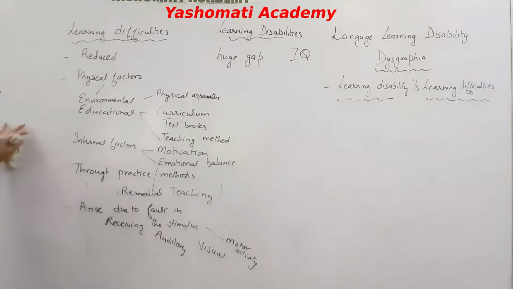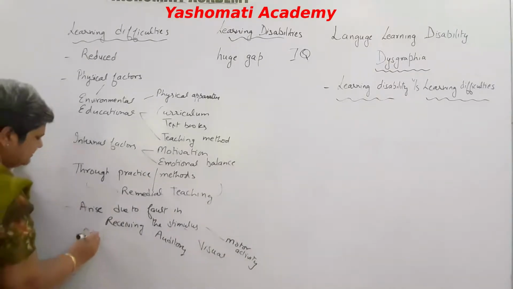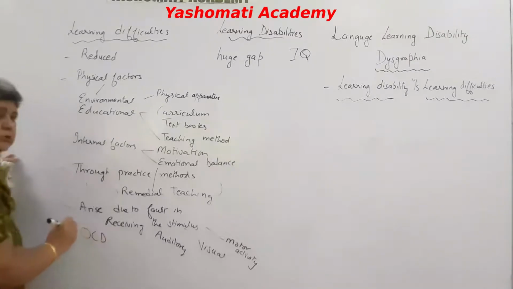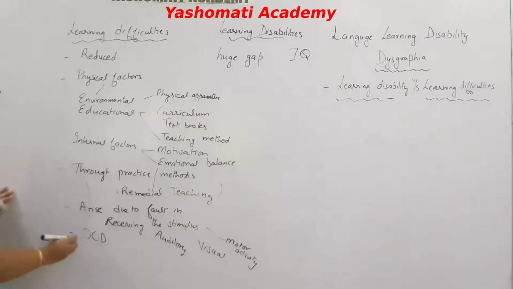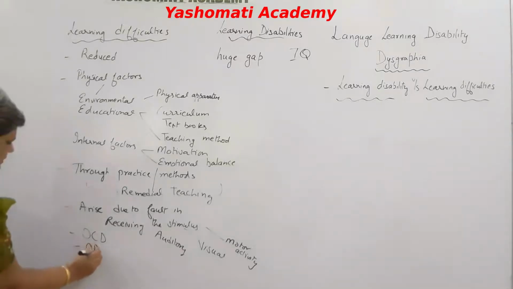We can take some examples also here. For example, obsessive compulsive disorder, OCD. That is a learning difficulty. Similarly, another example we can take is oppositional defiance disorder, ODD.